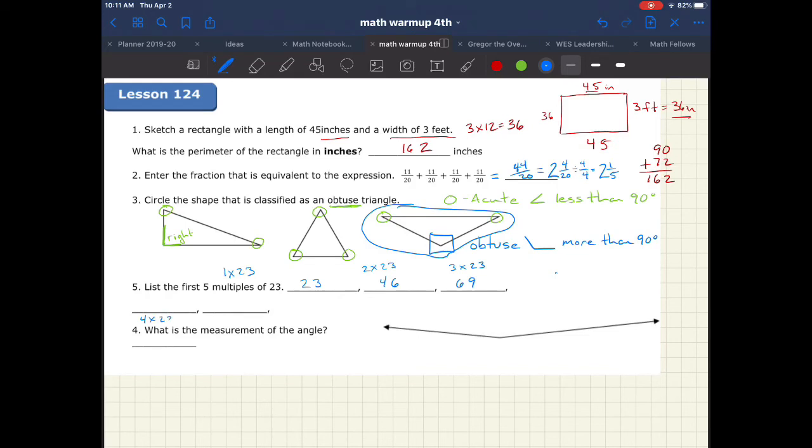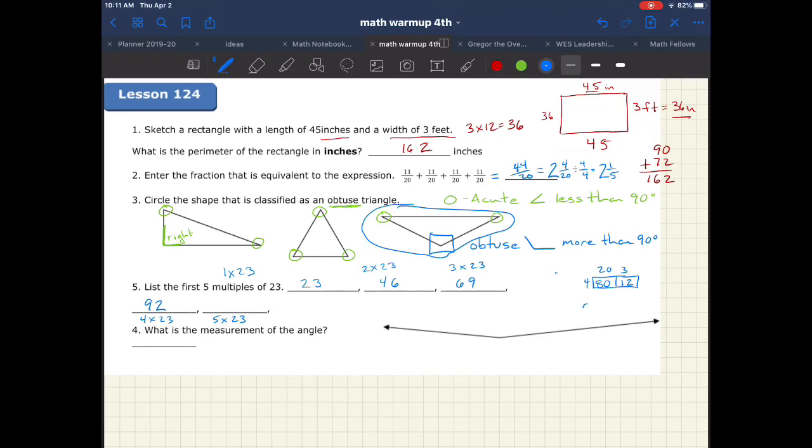Down here I'm to 4 times 23. And of course this will be the 5th multiple of 23, 5 times 23. So what is 4 times 23? 20 and 3. 80 plus 12, that'd be 92.